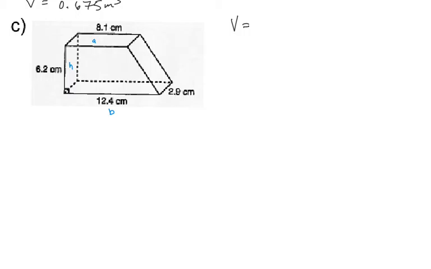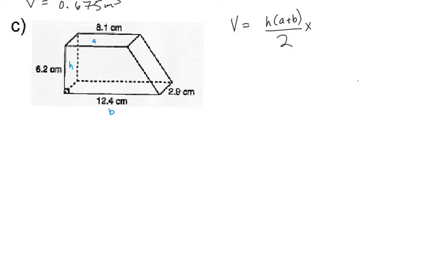So now the volume is calculated as this: h times (a plus b) divided by 2, and then we're going to multiply by the distance between the repeated sides.